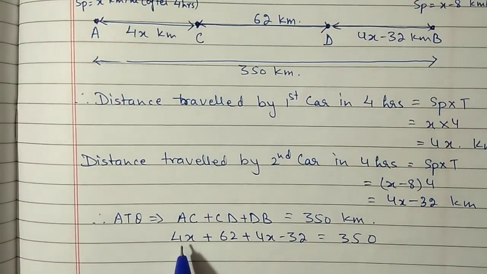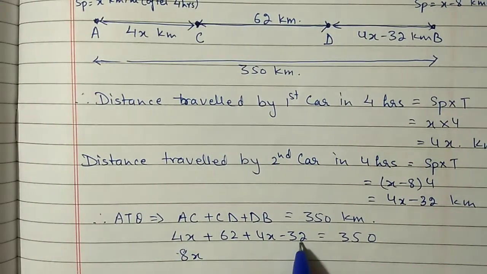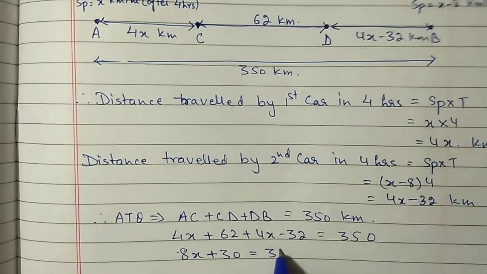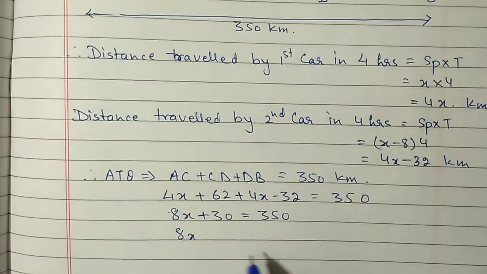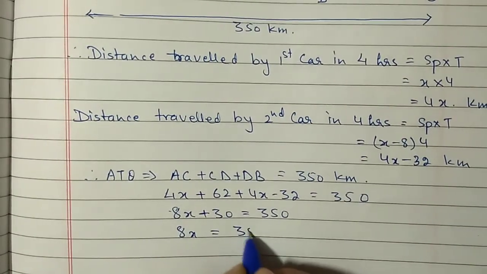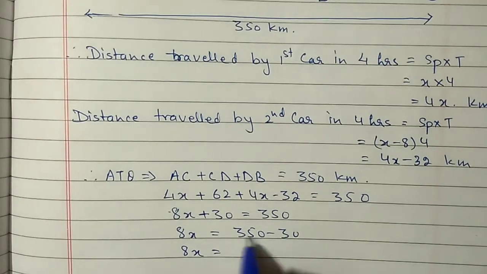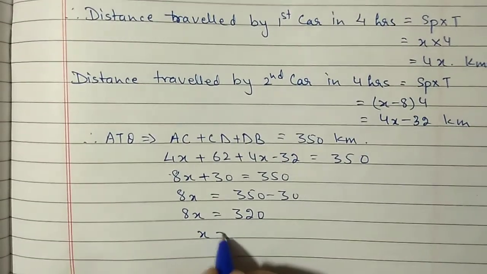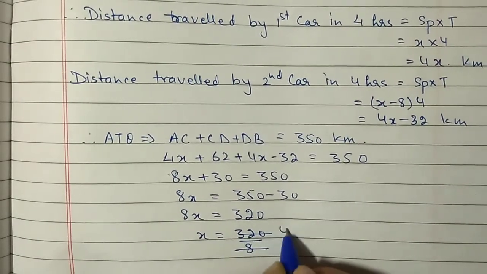Now we can simplify. 4x plus 4x will become 8x, plus 62 minus 32 is plus 30, equal to 350. So 8x is equal to 350 minus 30, which means 320, and 8 we can shift to the other side. 320 divided by 8 means 40.